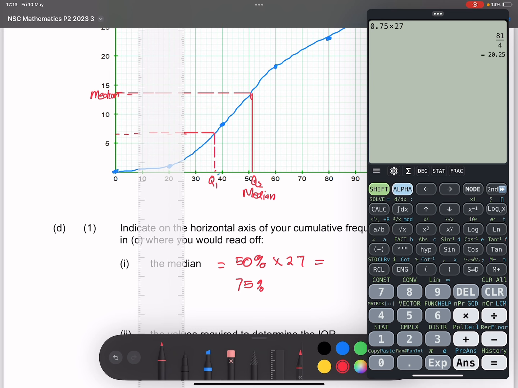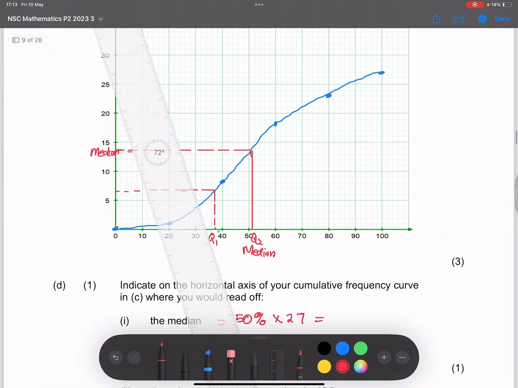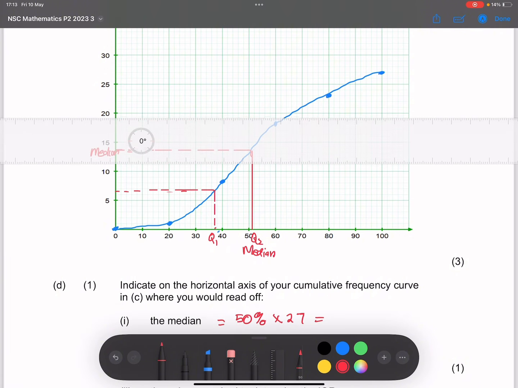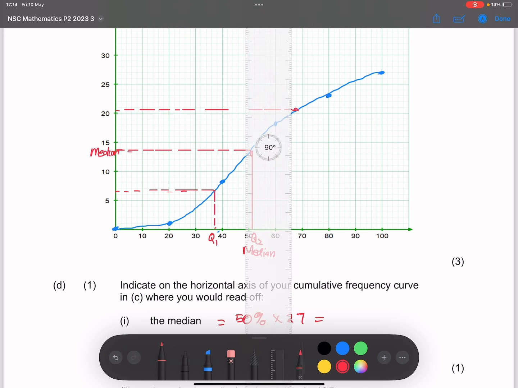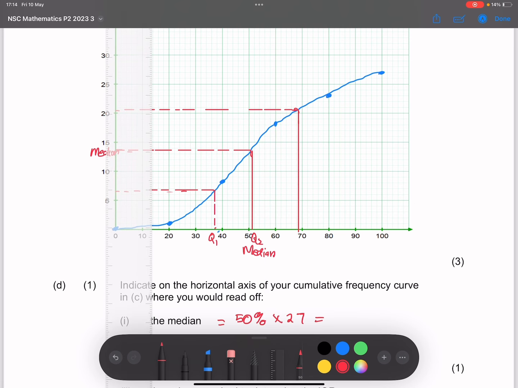So I'm going to take that, let's say somewhere there. Okay, so there's my value. So which means this would be Q3. So we extend this here.